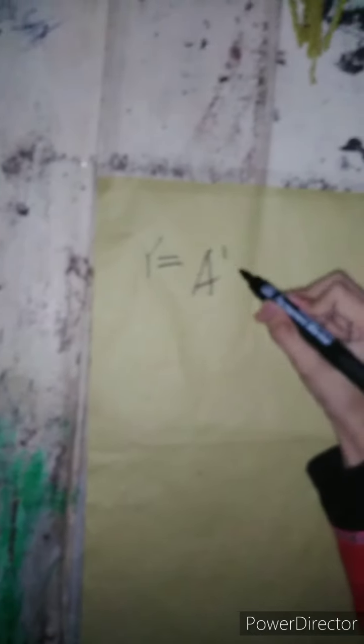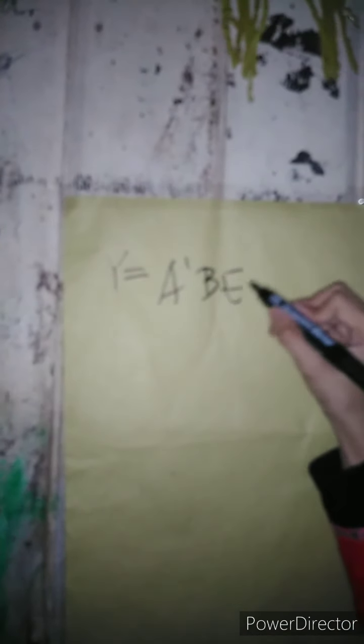Okay, next we will have Y is equal to, still following this property, A prime, B, E prime, and C or C prime, or A prime, C prime, D prime, E, or A, B, C, D, E prime, or, am I omitting something?